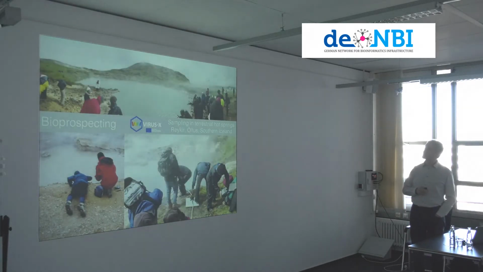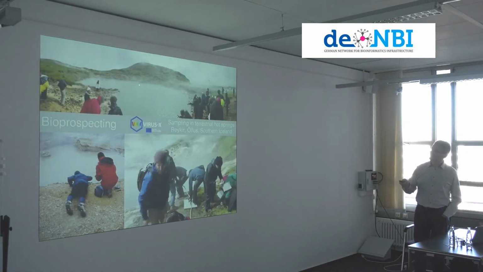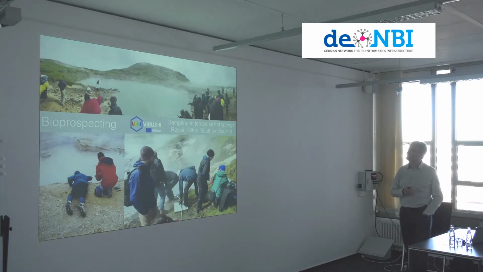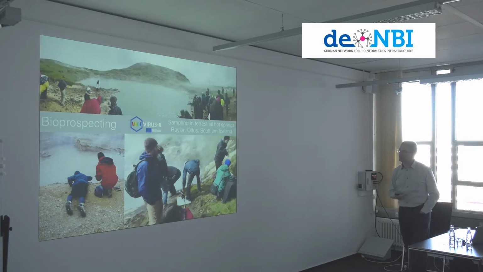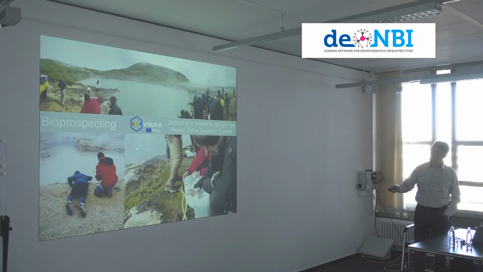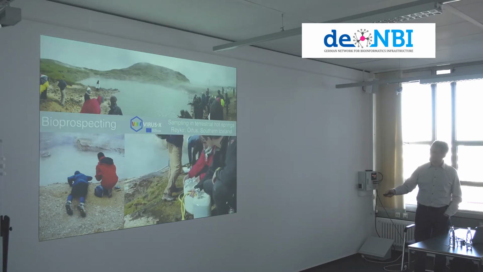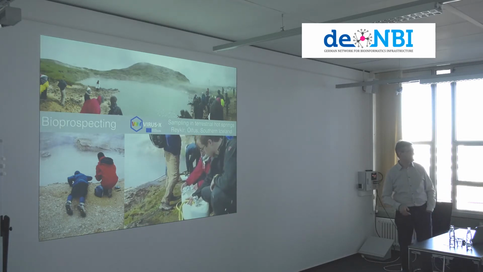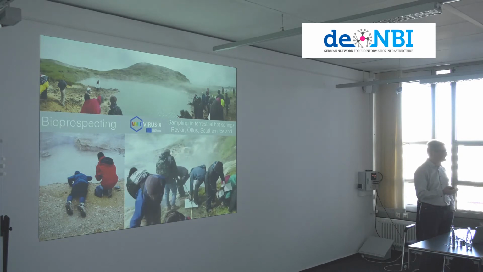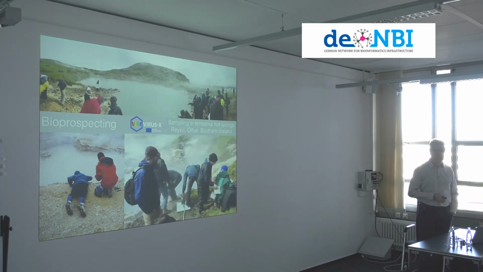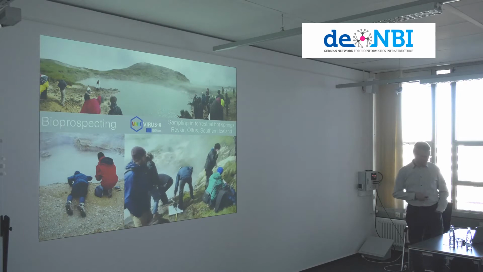So it's a huge project. First thing you do is you go sampling. This is a sampling trip on Iceland. It's a hot spring, and you can see that the water is actually pumped into these containers, brought to the lab. DNA is filtered out and then sequenced.